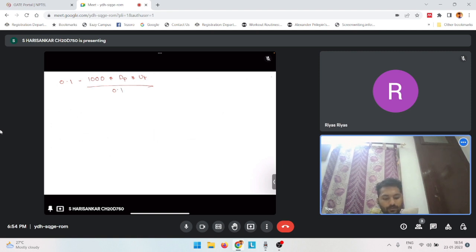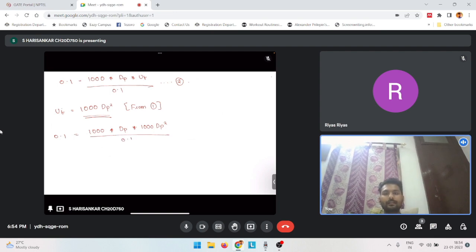So now from equation 1, we have ut is equal to 1000 dp square. Substitute this ut in equation 2, and we'll get 0.1 is equal to 1000 into dp into 1000 dp square by 0.1.